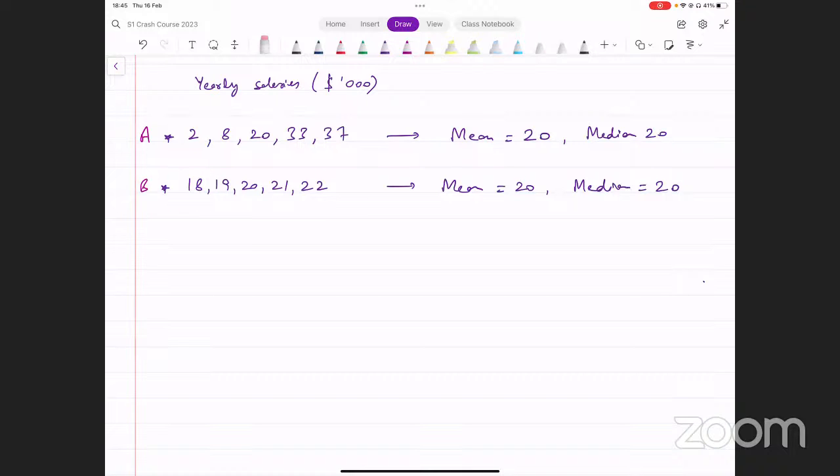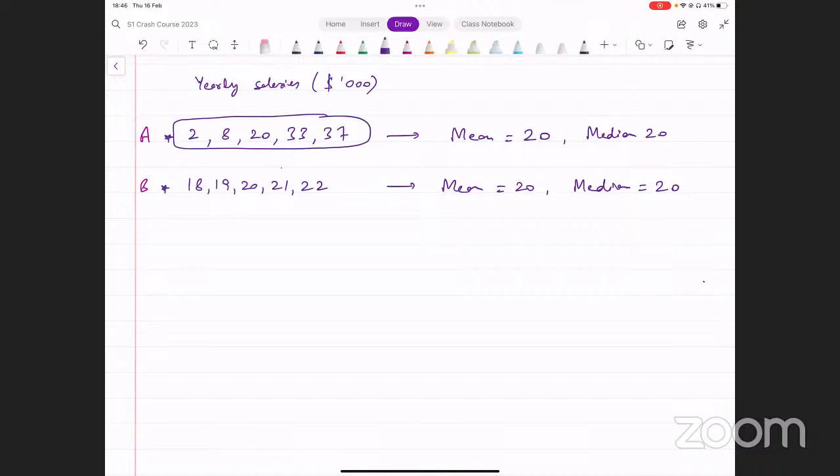Okay. Now, if somebody was to tell you that you have an option to go to one of these two companies, and there are 5 employees working at each, and these are the salaries they're taking. They have the same mean, they have the same median, and you would be assigned one of these salaries randomly.